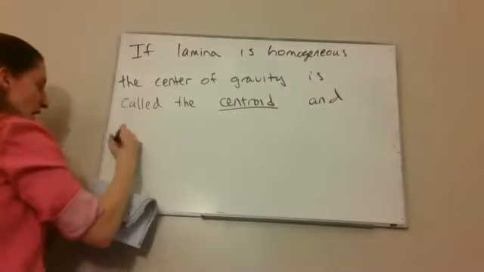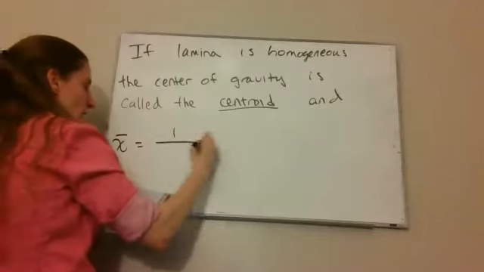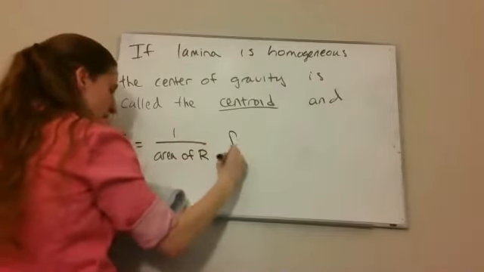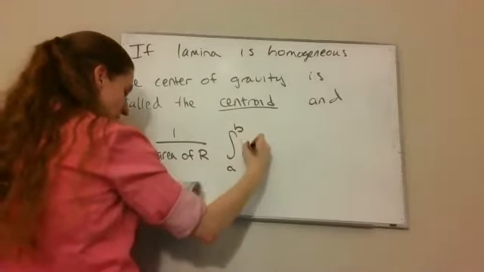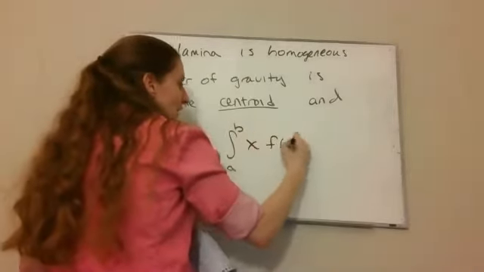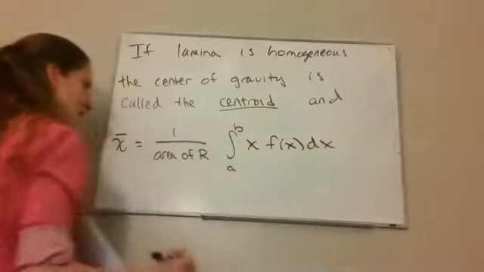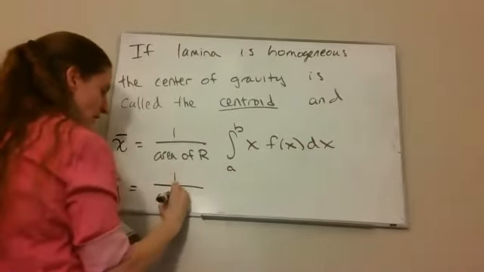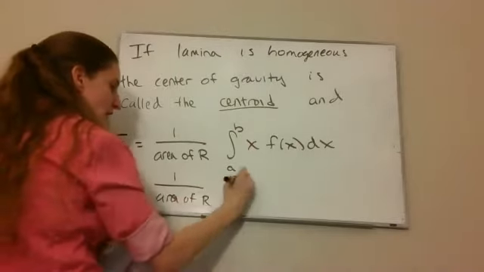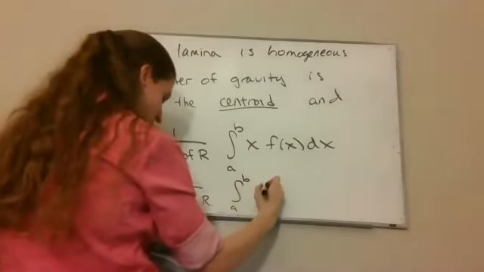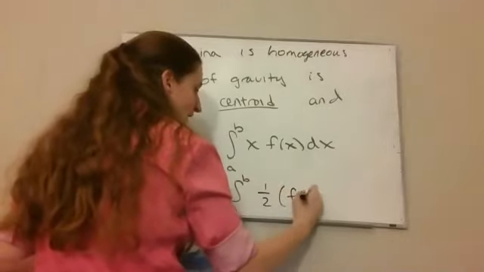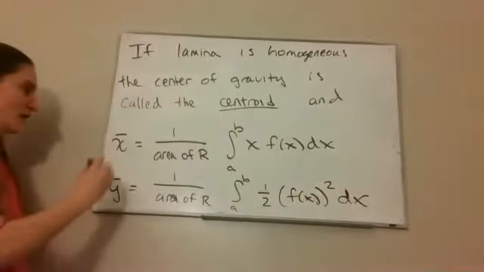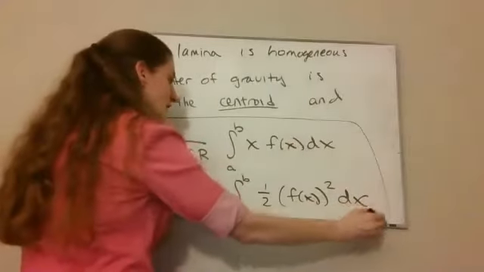And x bar equals 1 over the area of R times the integral from a to b of x f of x dx. And y bar is equal to 1 over the area of R, integral from a to b of 1/2 f of x squared dx. So these are the formulas that you're really going to need.